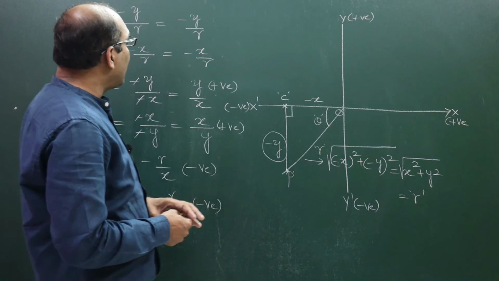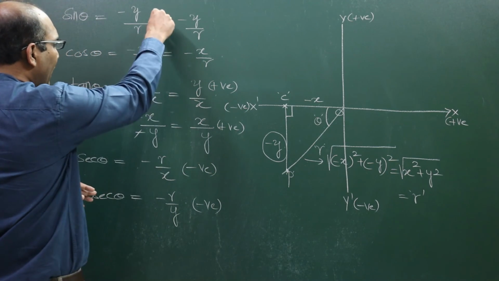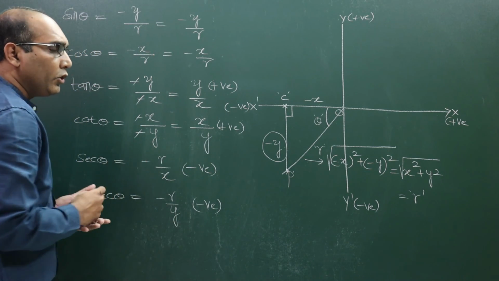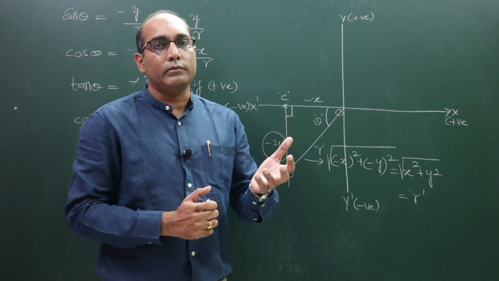Therefore, in the third quadrant, tan theta and cot theta are positive, and the remaining trigonometric ratios are all negative. Now it's clear, right?